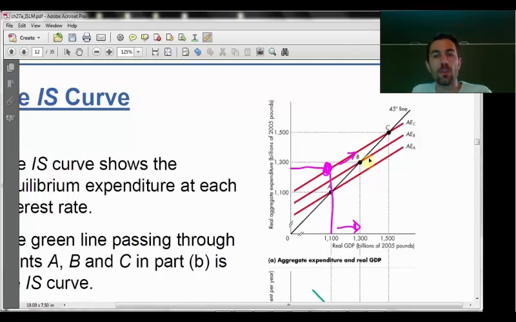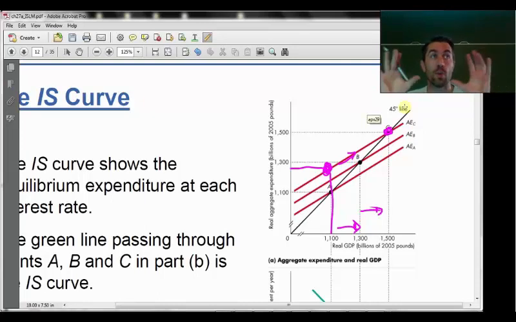As we move to new points along AEC, we find that firms still are selling more than they anticipated, and so they still continue to produce even more, until eventually we end up at a point C. At point C, firms are selling as much as they are producing, in other words, what they intended, right? Aggregate planned expenditure equals actual output and actual expenditure, okay?